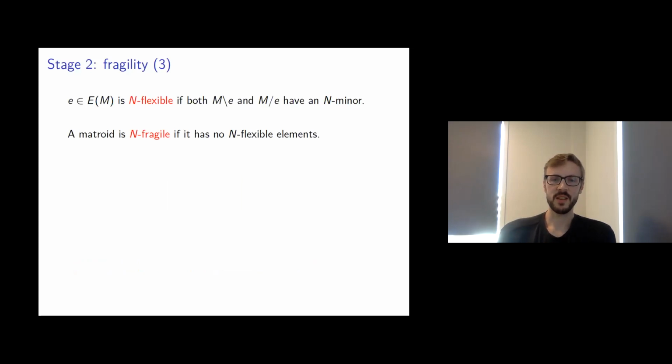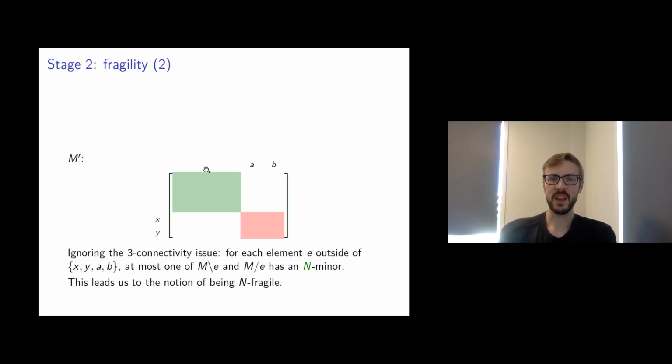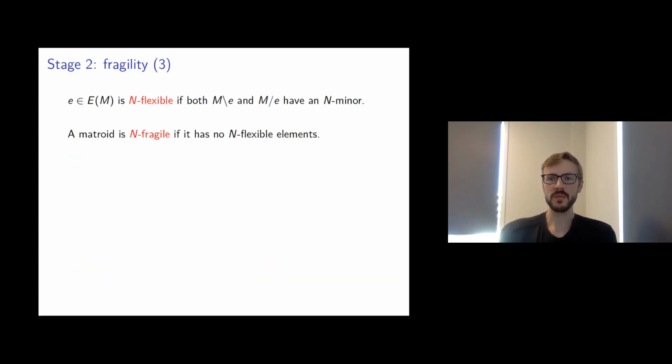Okay, so back to what we were seeing here, think of us as being close to being fragile because these elements that weren't in the basis were not deletable, but they could be contractible. And the elements here not contractible, but they might be deletable. Okay, so that's a fragile matroid.